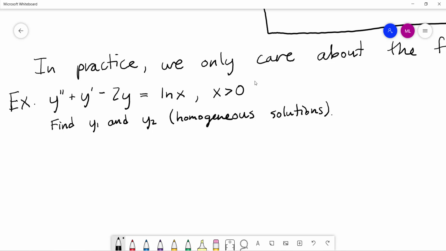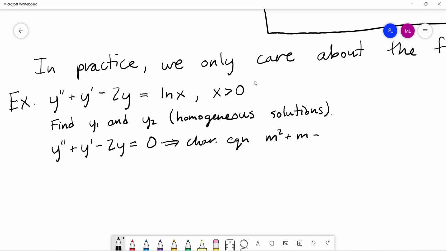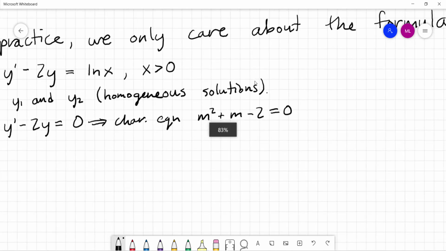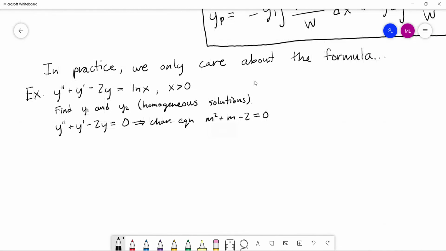Our equation is y double prime plus y prime minus 2y equals 0, which has a characteristic equation m squared plus m minus 2 equals 0. You can use the quadratic formula, but I think I can factor this. I'm looking for two numbers that multiply to -2 and add to +1.